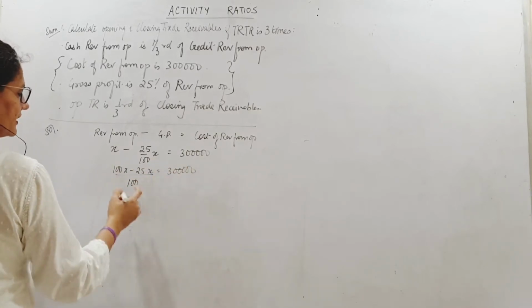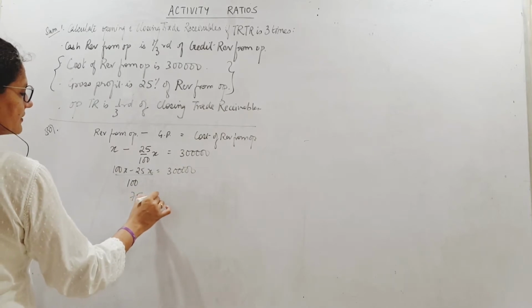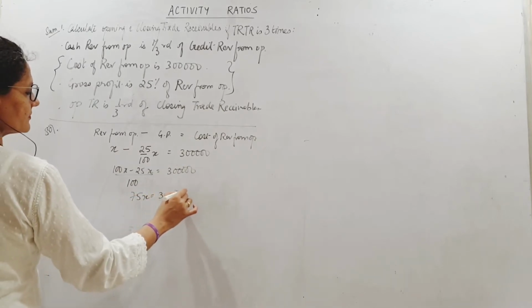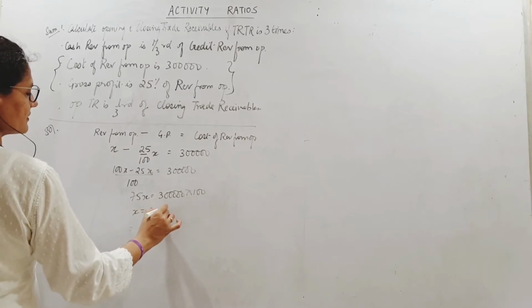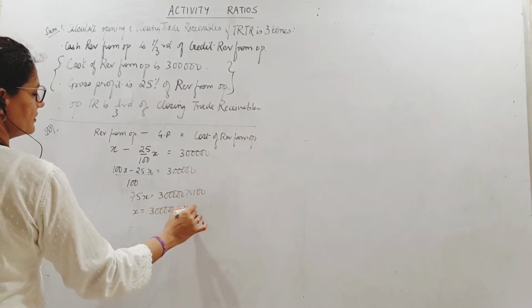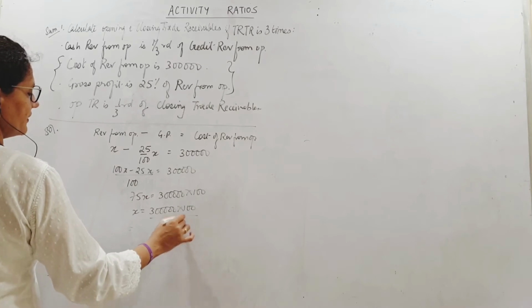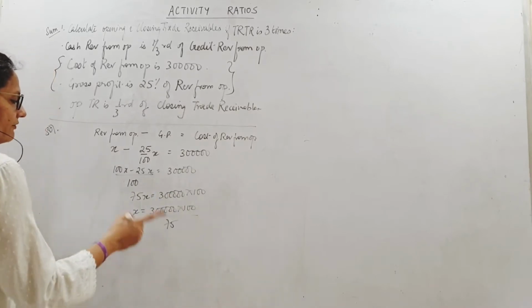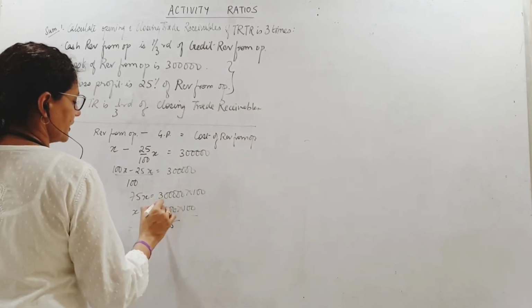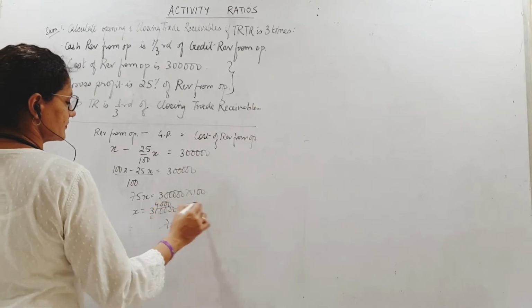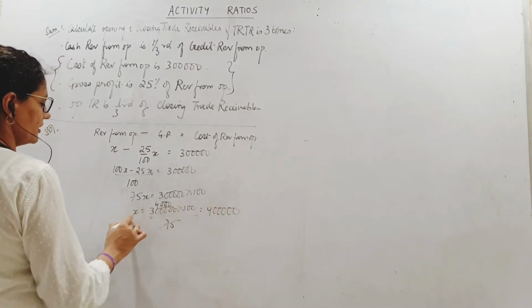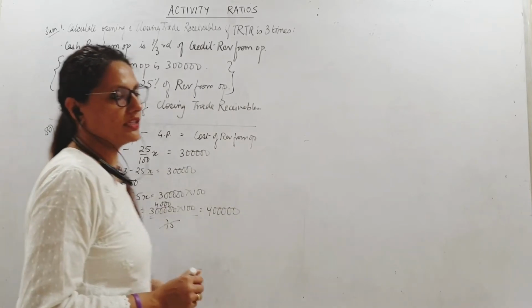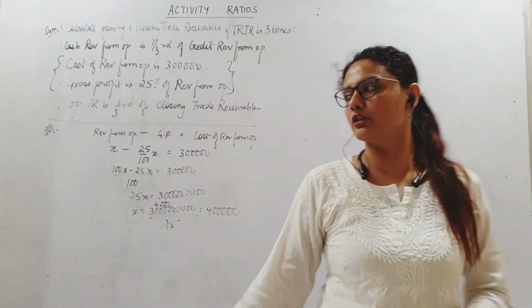So 100 goes there, and here I have 75X is 3 lakhs into 100. Therefore X is 3 lakhs into 100 divided by 75. 75 goes 4 times, so this becomes 4 lakhs. So your revenue from operation is 4 lakhs.